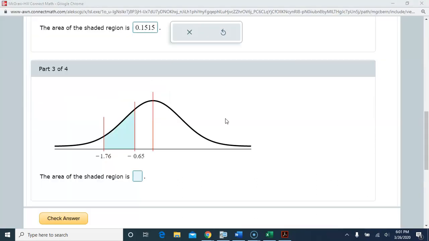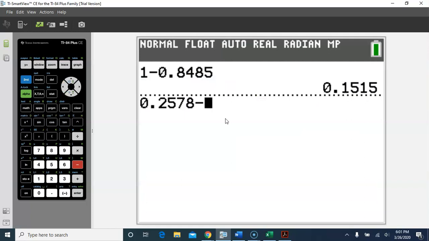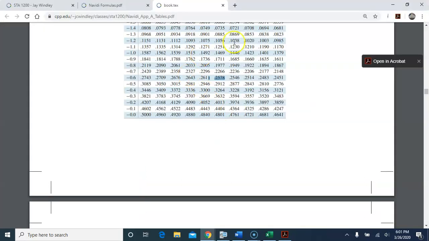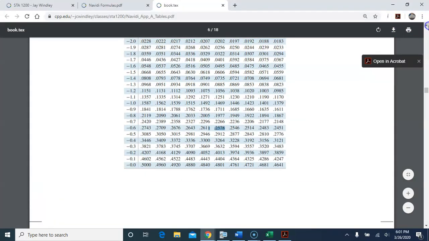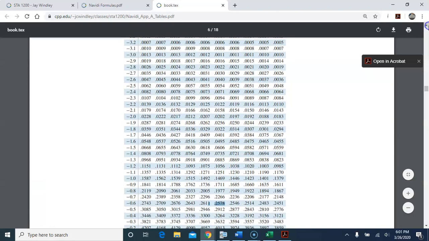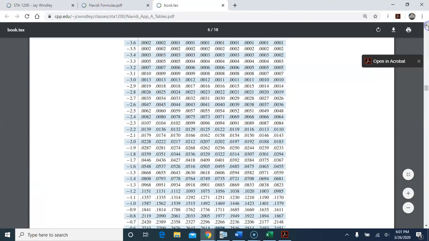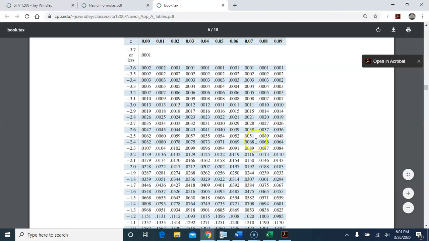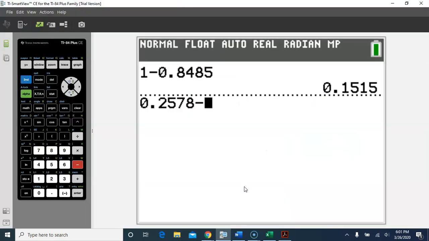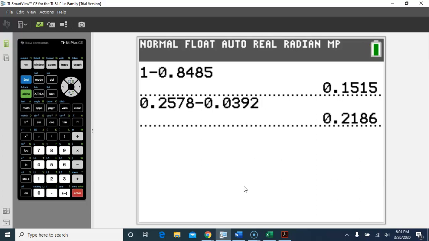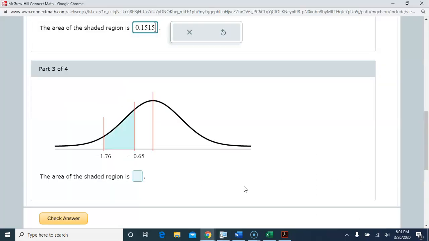And then the other z-score is negative 1.76. Negative 1.76 takes me to here, which is 0.0392. And subtract, and I get 0.2186.